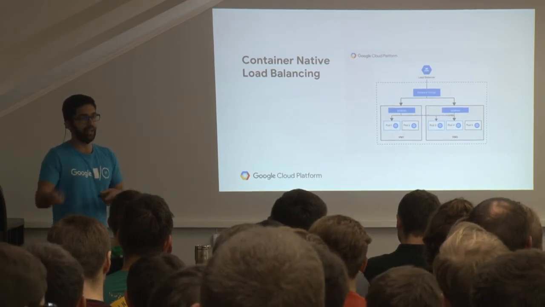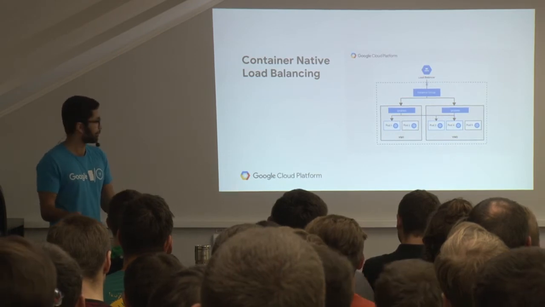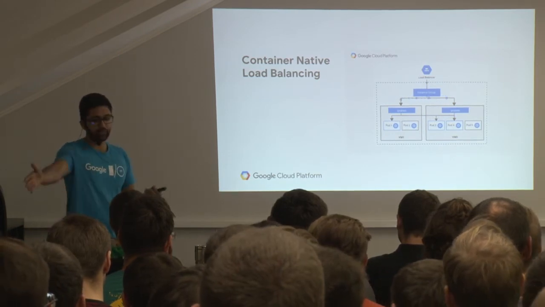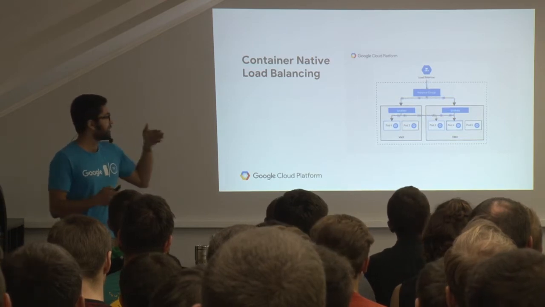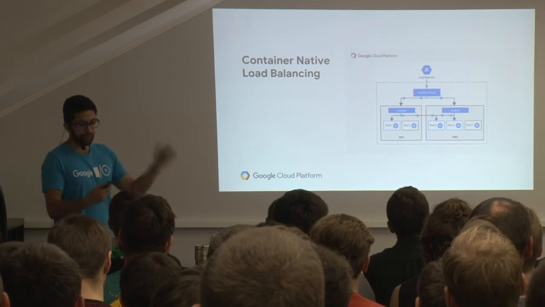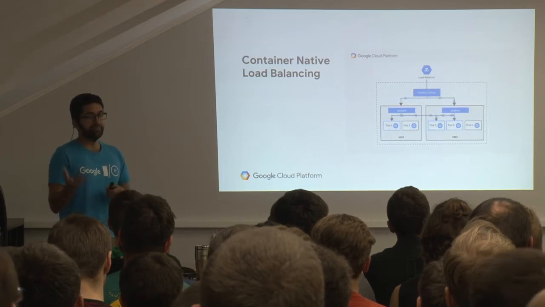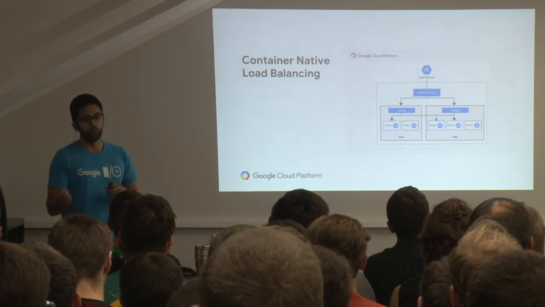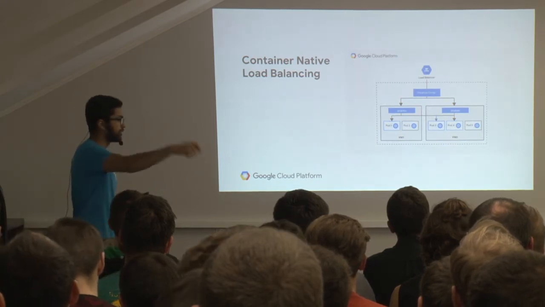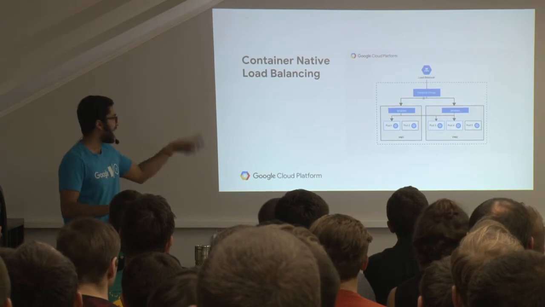It doesn't see that you actually have 20 pods running on those 5 VMs. So it'll do a health check on the VM level, and it'll send traffic to one of the VMs. That VM might not even have the pod running on it, right? So then iptables will say, take this and send it to the other one. So it's a double hop, right? And it gets NATed through a bunch of stuff.